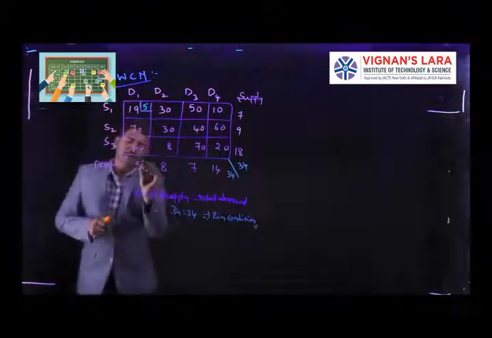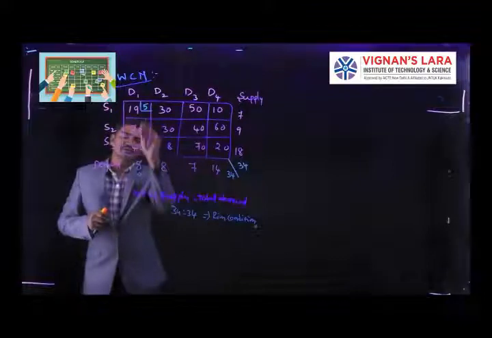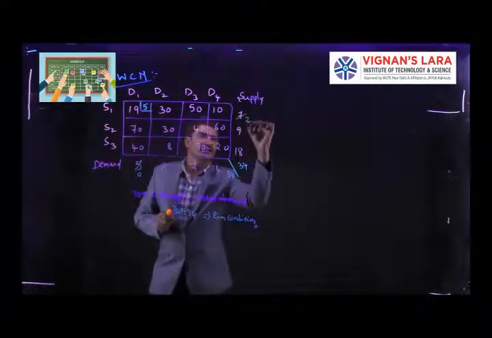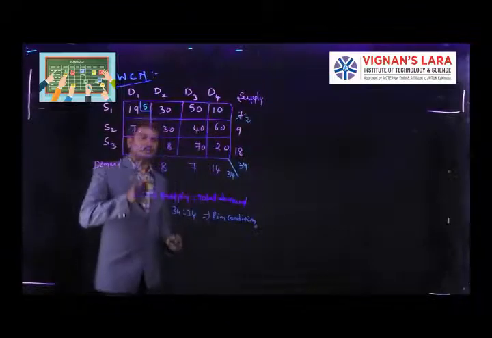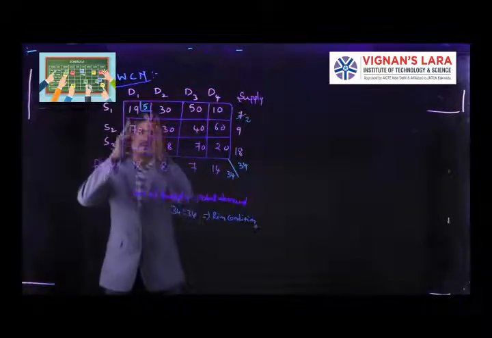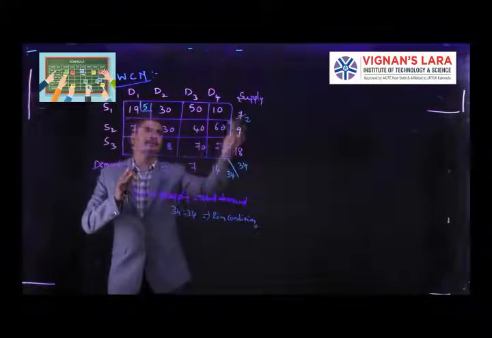What about the demand after allocating the 5 units? The demand is 0. Then what about the supply? After allocation, the supply is 2 units. Coming to step 2, we allocated 5 units and the balance is 2 units.